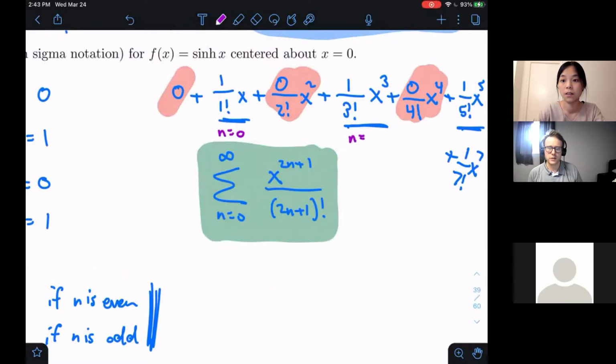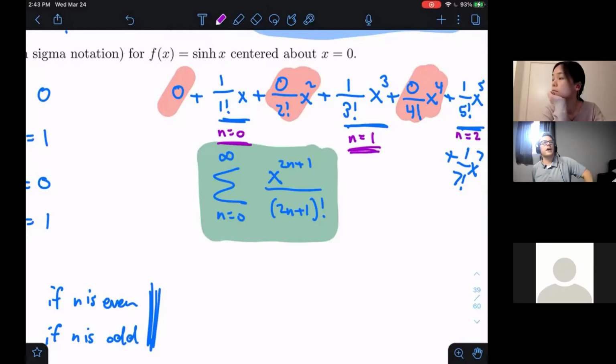Yeah, so for these ones where you have some missing pieces, this is like the 0th odd number when you have 2n plus 1, and then this is the first odd number: when you plug in 1, you get the 3 out.